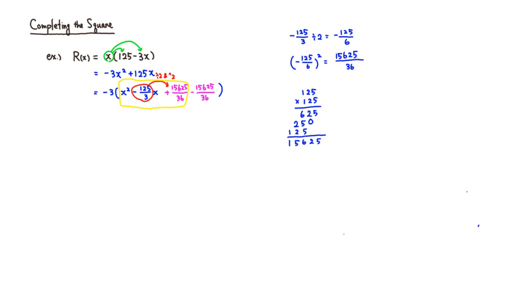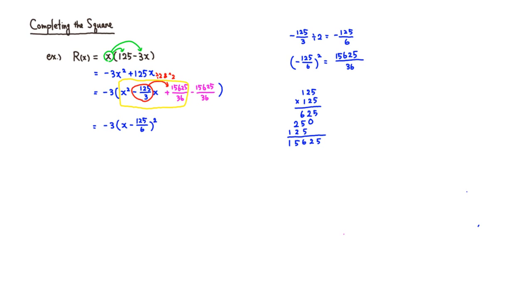So negative 3 is already there, and it's going to be x, minus half of that number, which we know is negative 125 over 6, squared.